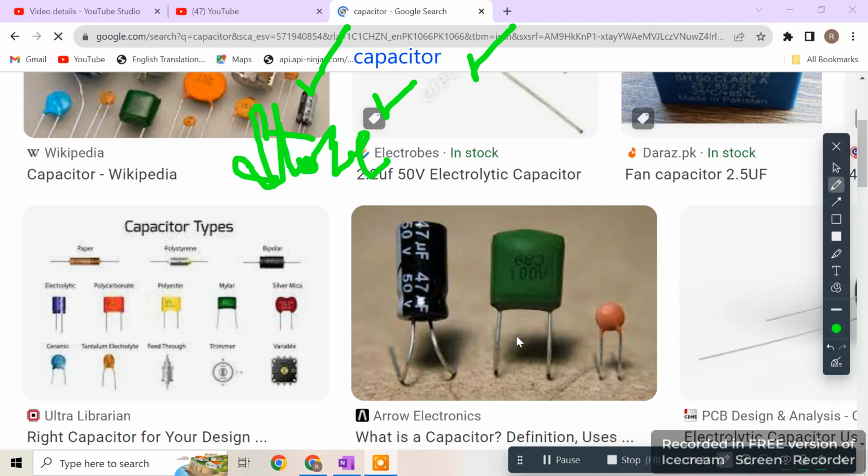If this is storing electric charge, say it is storing a charge of 10, and if the charge increases from 1 to 10, then the potential energy will also increase. This shows that these are directly proportional. This is the capacitor I discussed in the last video, but let me tell you more.